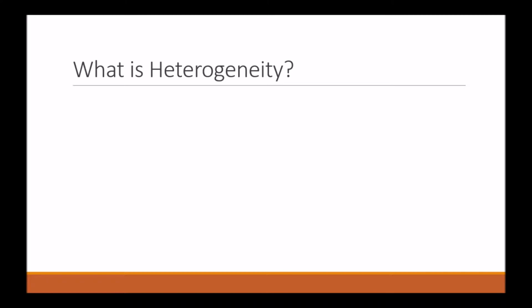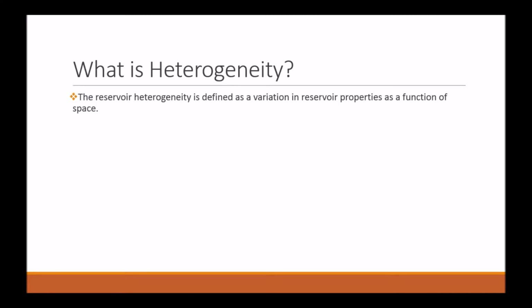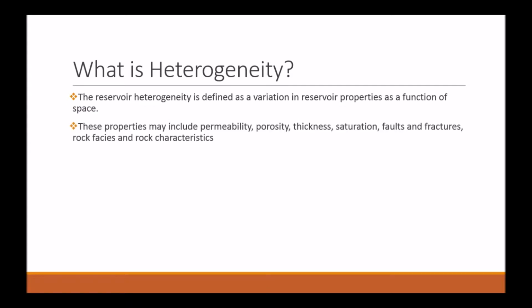What is heterogeneity? Reservoir heterogeneity is defined as a variation in reservoir properties as a function of space. These properties may include permeability, porosity, thickness, saturation, faults and fractures, rock facies, and rock characteristics.